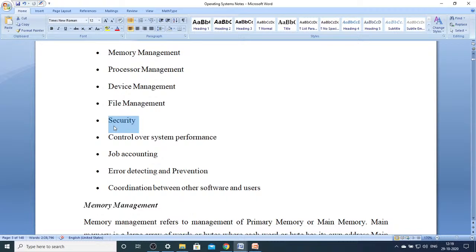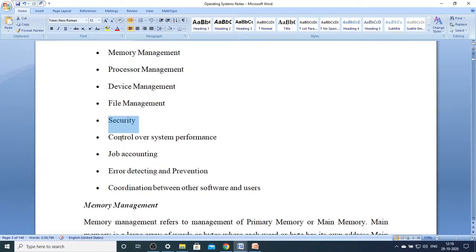It is safeguarding the system resources against misuse by the users or the current ongoing processes. That's what protection is. On the other hand, security means defending against internal and external attacks.